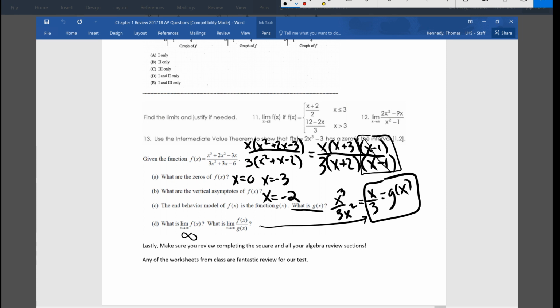Because if you know that this is what our function looks like as we plug in massive numbers, because it's the ratio of our leading terms, then you know if we divide these two things that are going to look the same as we go out to infinity, then you're just going to get 1. And so that was the answer to this. It's just 1. All right, I'm going to head back to chat to see how this was received.